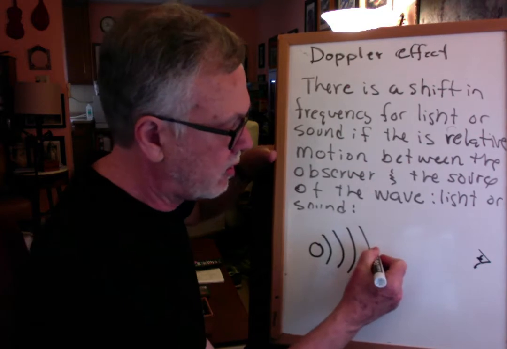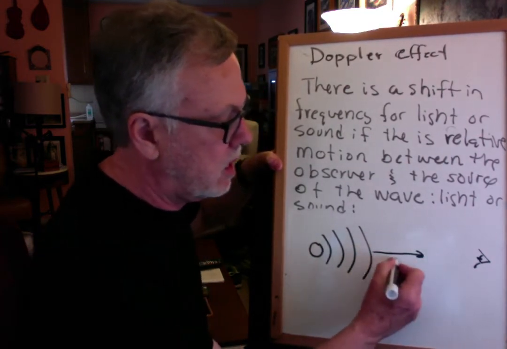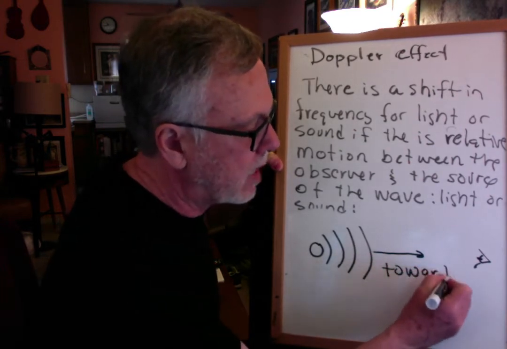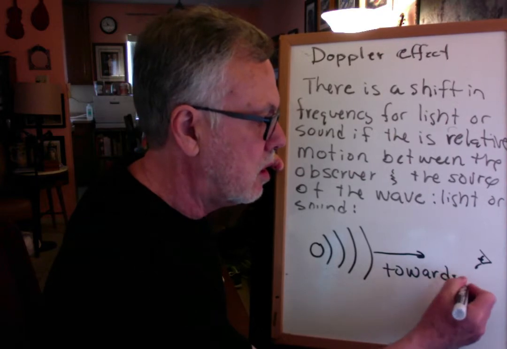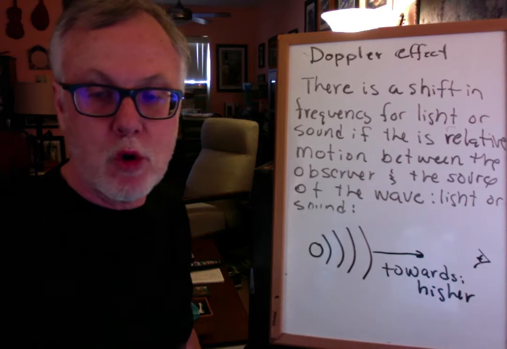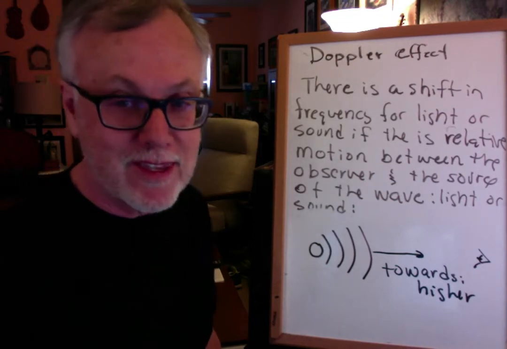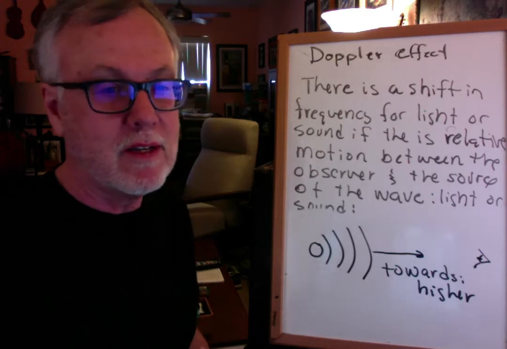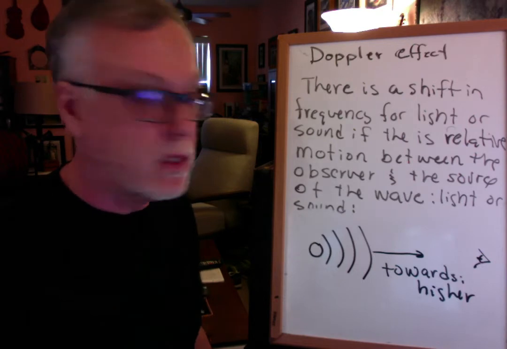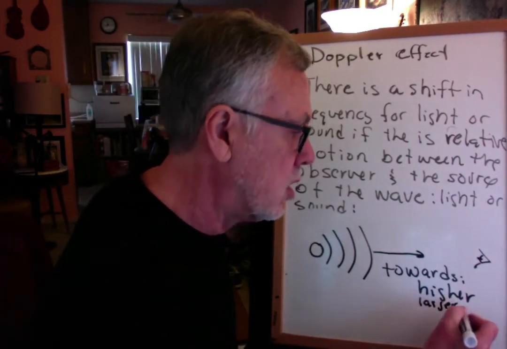If the source of waves, let's say, is going directly towards me, it will have a pitch that is higher sounding than what it actually is. So instead of just my normal tone, it would have a higher pitch, if you get the sense of that. Higher pitch. So that means larger frequency. So larger frequency means higher pitch.